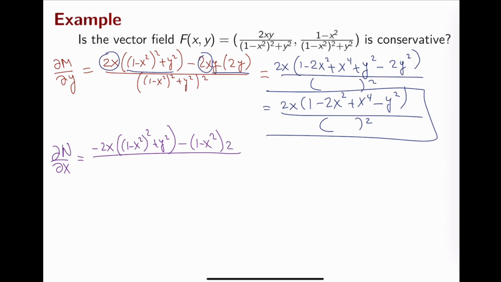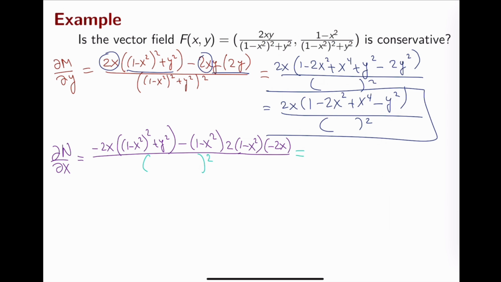So it will be 2 comes down times 1 minus x squared to the power 1 times, by chain rule, the derivative of whatever is inside, which is minus 2x, and divided by the denominator squared. The denominator is the same one.